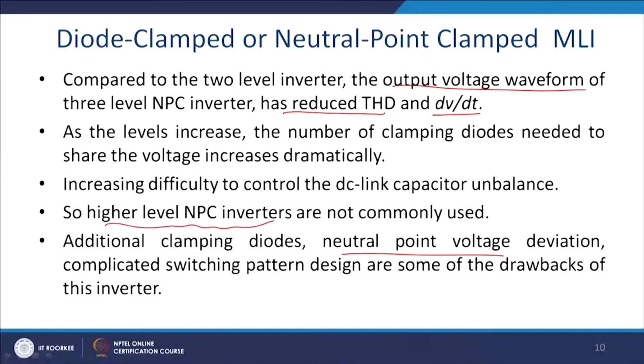And moreover, the additional clamping diodes and the neutral point voltage deviation complicate the design and analysis, and this is also one of the disadvantages of the diode clamp multi-level inverter. Now, we shall start briefly the capacitor clamp multi-level inverter.